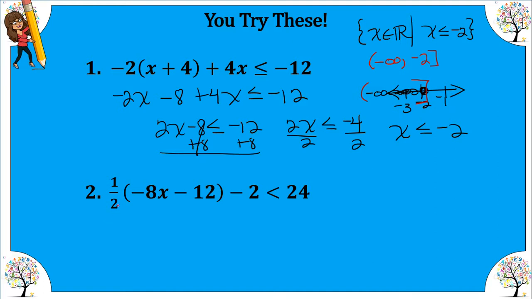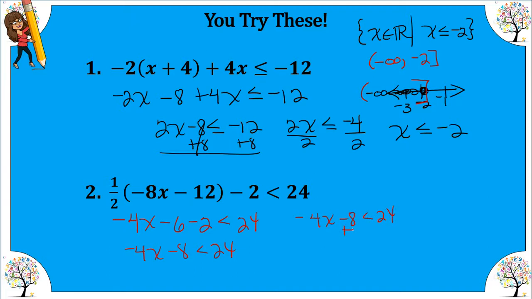Okay, we're going to multiply by 1/2, which is the same as dividing by 2, so we get negative 4x minus 6 minus 2 is less than 24. We're going to combine like terms. Let me bring this over here.